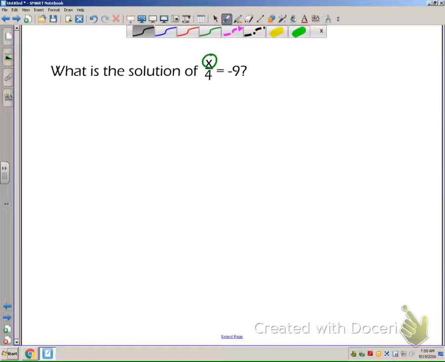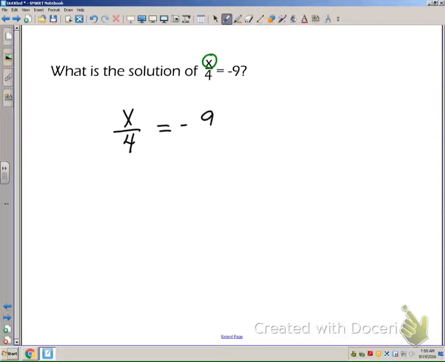And we have this multiplication property of equality that says if I multiply one side of the equation by a number, it's equivalent to the other side as long as I multiply the other side by that same number. So if I have x divided by 4 equals negative 9, I know the inverse operation of division is multiplication, so I'm going to multiply by 4. Well, the multiplication property of equality says to do the same to the other side, by 4.